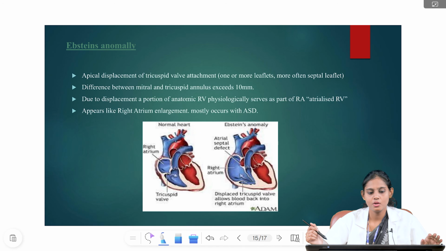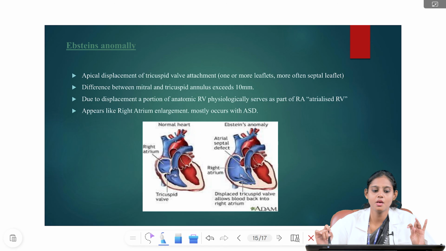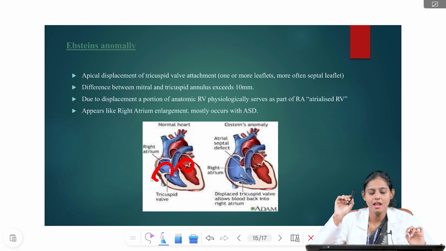Next, we'll look into Ebstein anomaly. Ebstein anomaly is one of the rare conditions in congenital heart diseases where there is an apical displacement of the tricuspid valve attachment. The difference between your mitral and your tricuspid annulus exceeds 10 mm.